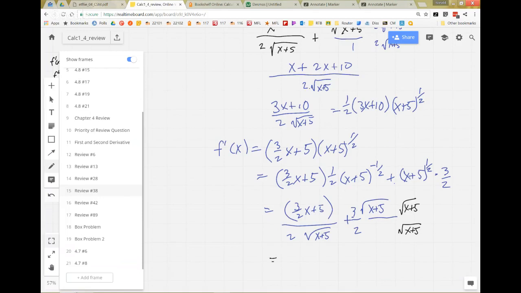That'll give us a common denominator. And on the top, we will have 3/2 x plus 5. Over here, we're going to have x plus 5 after we take it times itself, and 3 times that is 3x plus 15.